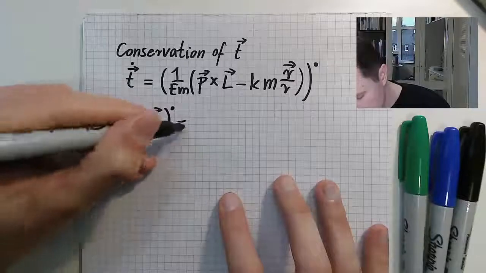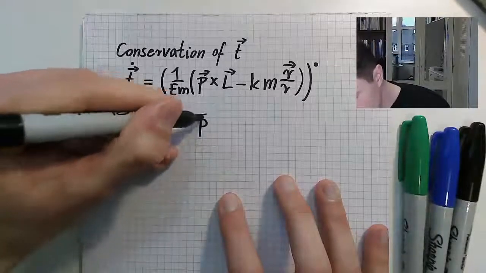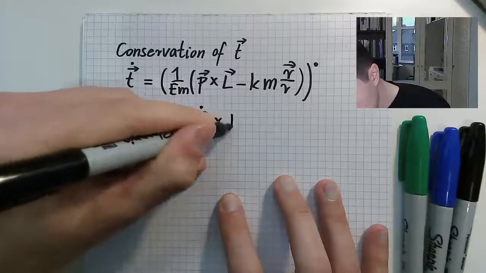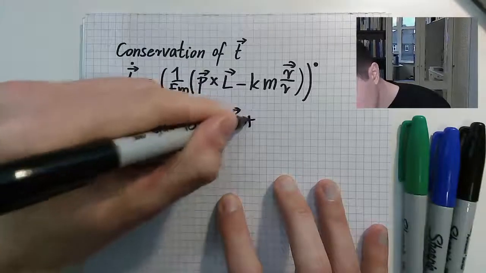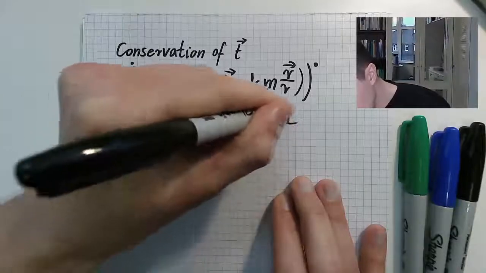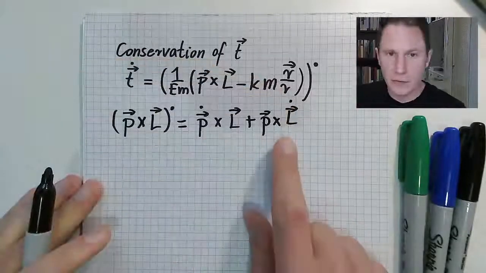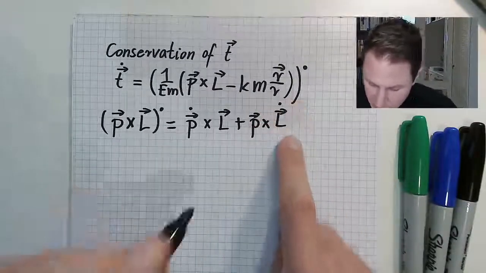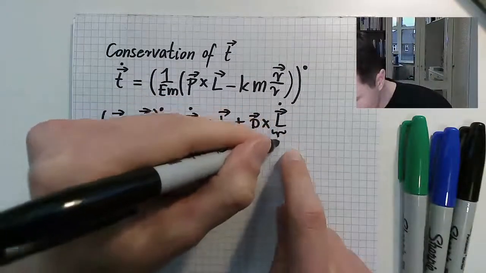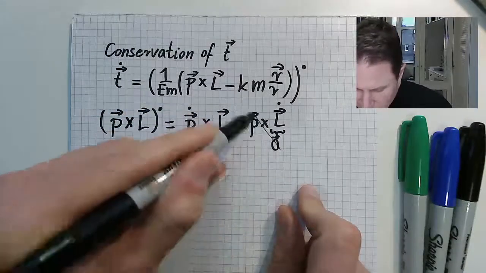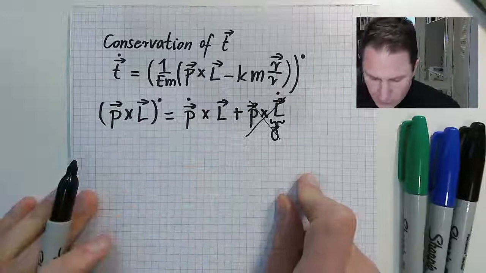What do we get? Well, we apply the Leibniz rule. So first take the rate of change of p, cross that with L, and then add to that p crossed with the rate of change of L. Of course, we know that L is conserved, so the rate of change of L is just the 0 vector. So this second term is actually 0.